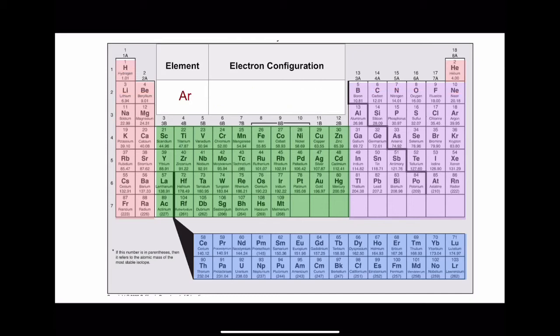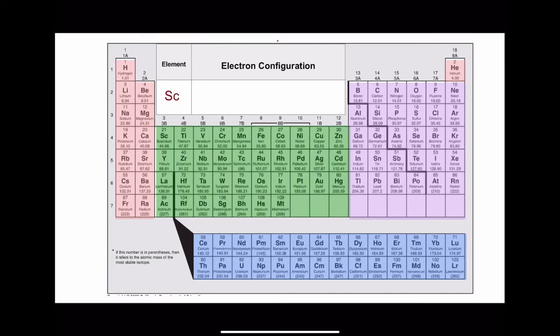And then for argon, going through the same process we've already seen, 1s2, 2s2, 2p6, 3s2, and then since we're at the end of the p block in the third row, our final term here is 3p6.